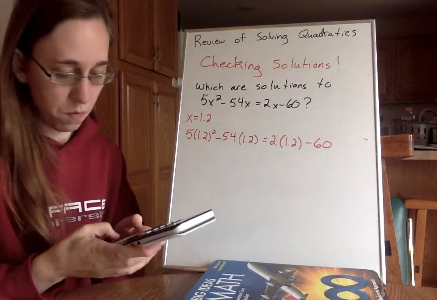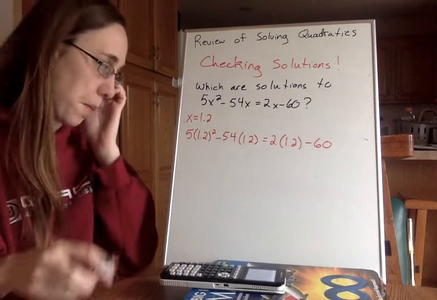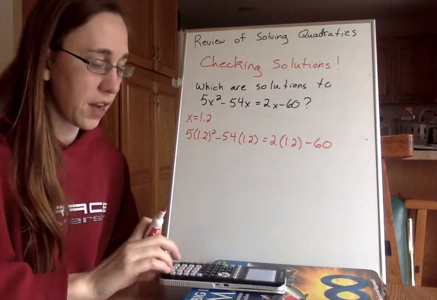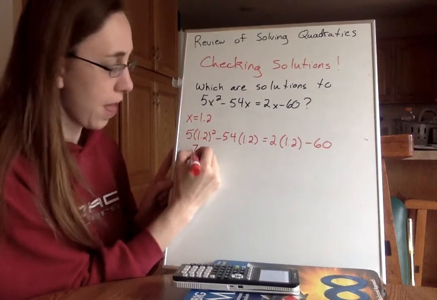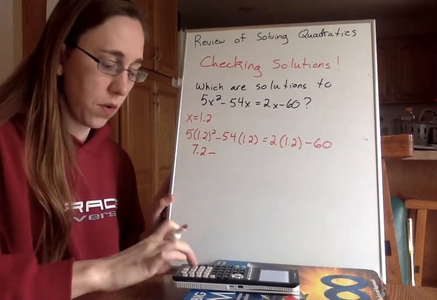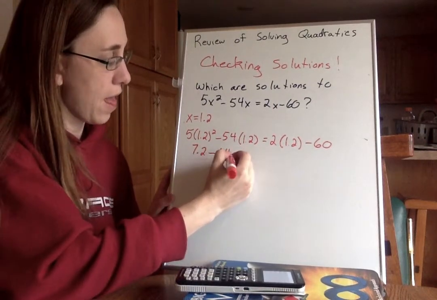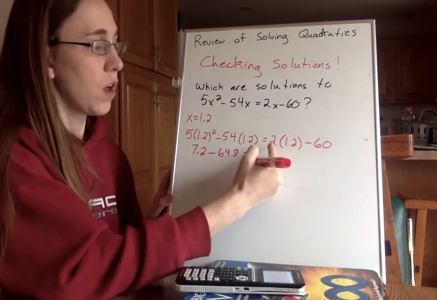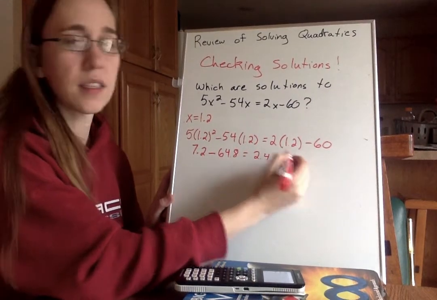What is 1.2 squared? Some of you might know this, 1.44. And then 1.44 times 5 is 7.2. So this entire thing becomes 7.2 minus 54 times 1.2 is 64.8. 2 times 1.2, that's going to be 2.4 minus 60.